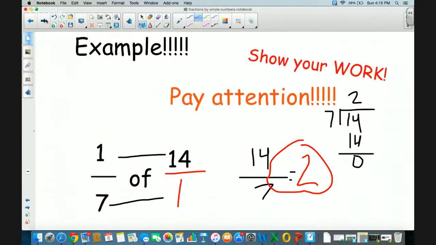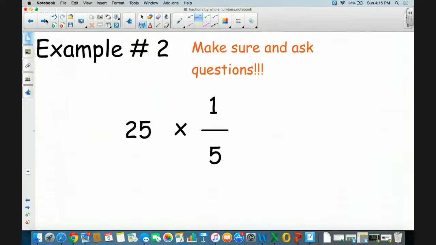There we go. Next, example number 2. So, everybody raise your hand if you can tell the sub right now what will go underneath the 25 since it is a whole number? Almost everybody's hands are up. Okay, call on one person.